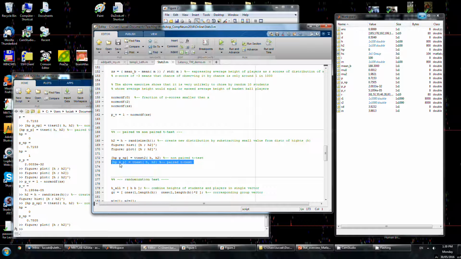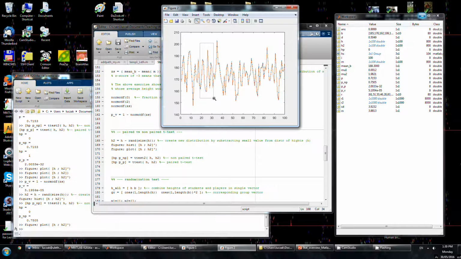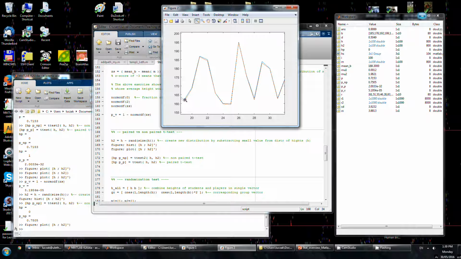What the paired test is doing is comparing not the mean of one distribution and the other distribution, but rather calculating the difference: from each of the blue points it subtracts the red point, and then calculates whether this difference is significantly different from 0.